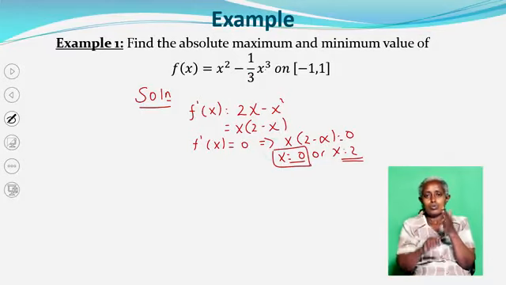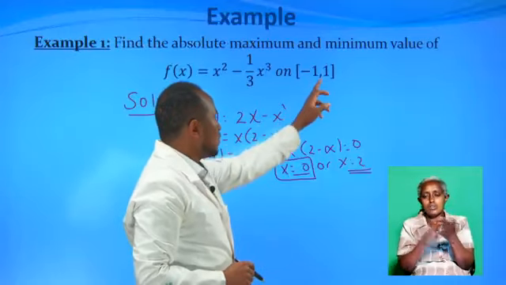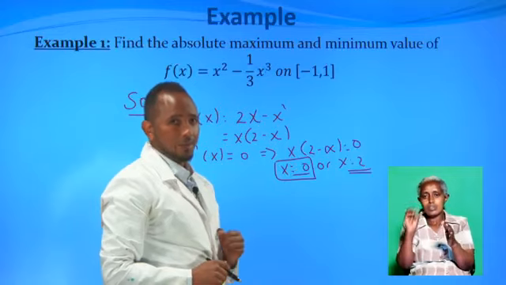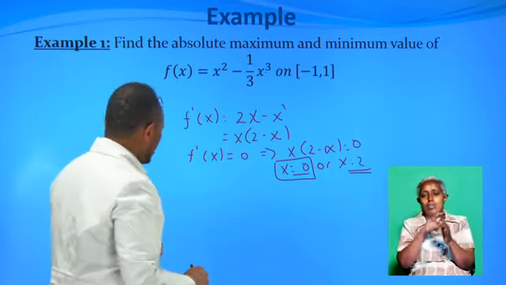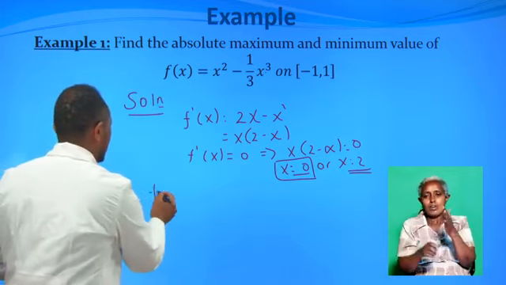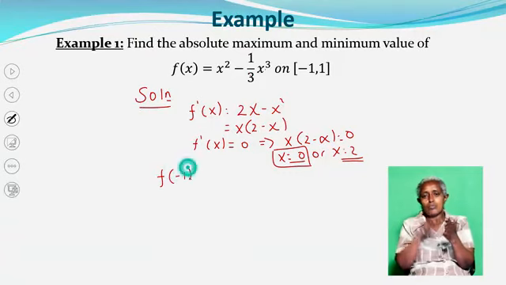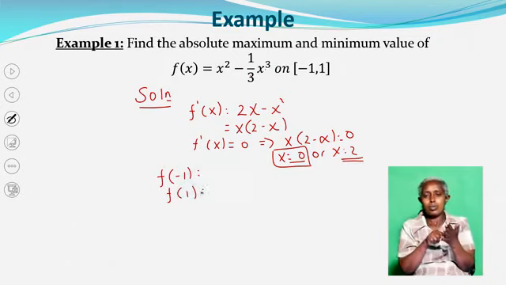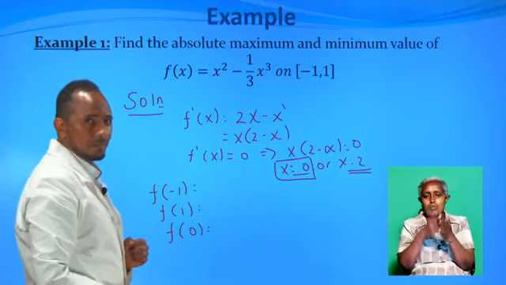So, we need to check the functional value of this function at -1, 1 and 0, and then we compare. So, let's find the functional value at the endpoint -1, the functional value at the other endpoint, and the functional value at the critical point which is found on this interval.